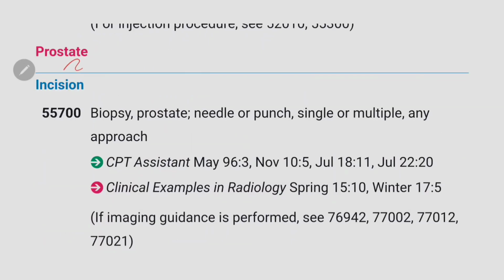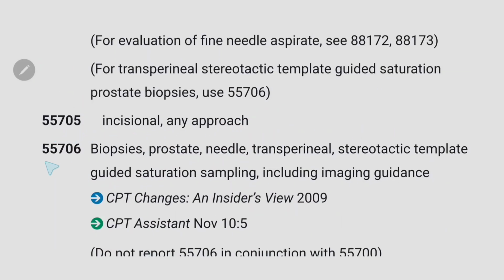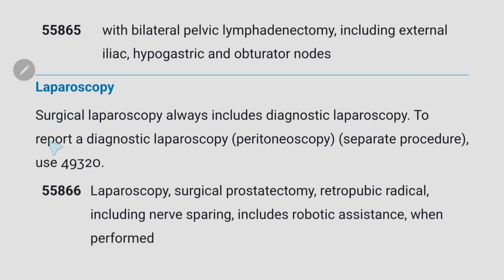Next important codes are prostate incision, that is biopsy of prostate, needle or punch, single or multiple, any approach. 55705 is for incisional, 55706 is for biopsy prostate, needle, transperineal, stereotactic template guided saturation sampling including imaging guidance. Next important guideline is laparoscopy, that is surgical laparoscopy always includes diagnostic laparoscopy.